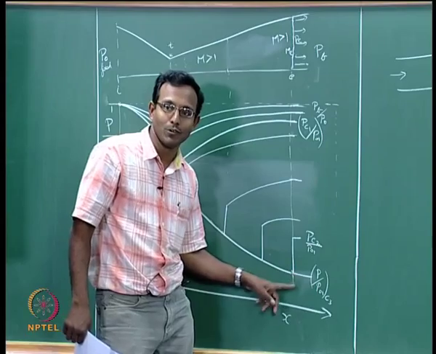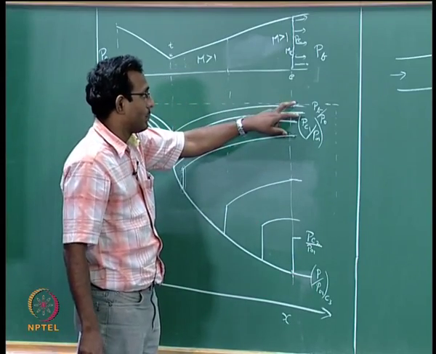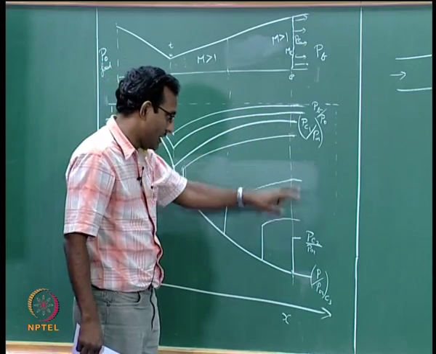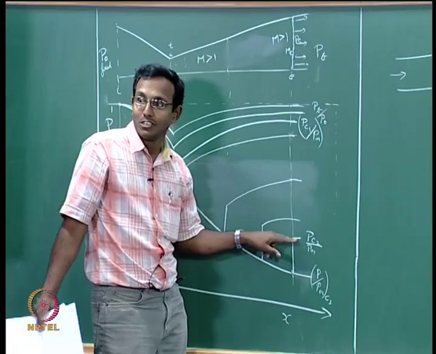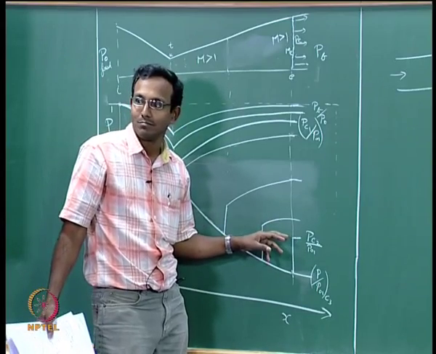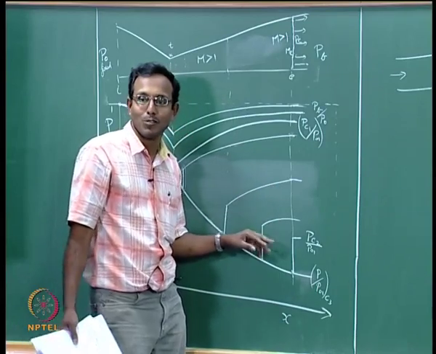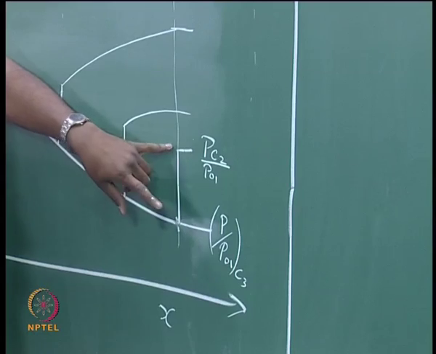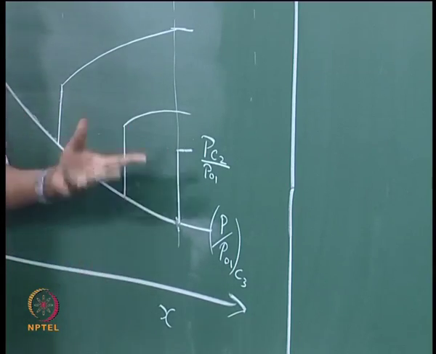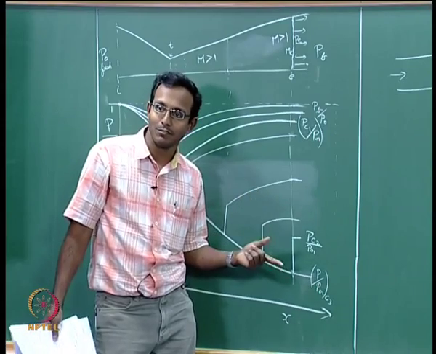fully supersonic flow inside the nozzle. I can even say that from PB equal to P naught till PB equal to P critical 2, my flow is perfectly expanded because it meets the back pressure. But typically when people talk about CD nozzles, they just talk about fully supersonic flow inside, and they just talk about from below P critical 2 onwards when they talk about over expanded, perfectly expanded and under expanded.